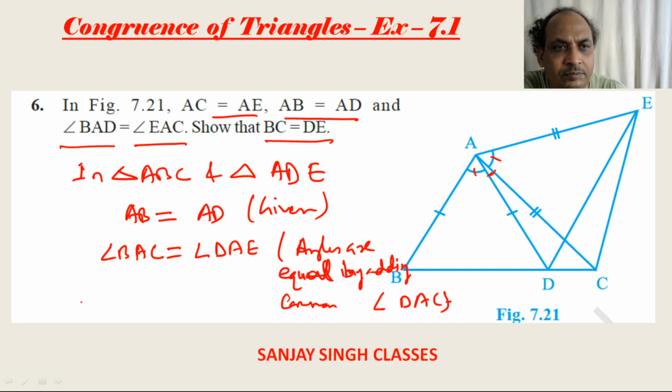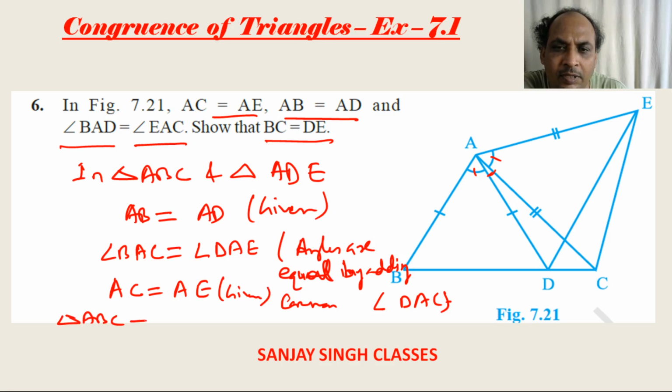Further, AC is equal to AE. This is also given. We have got SAS. So triangle ABC has become congruent to triangle ADE.